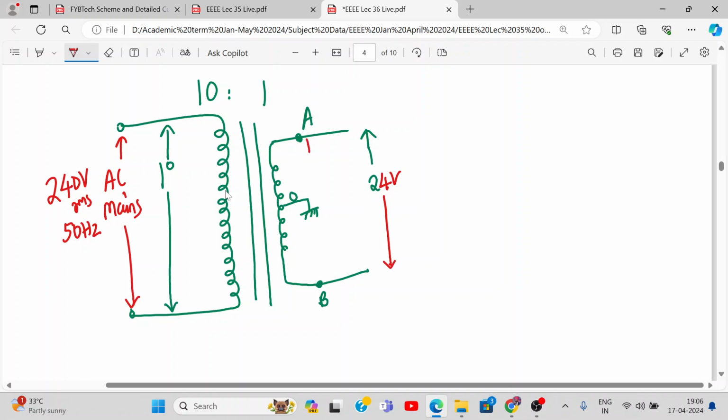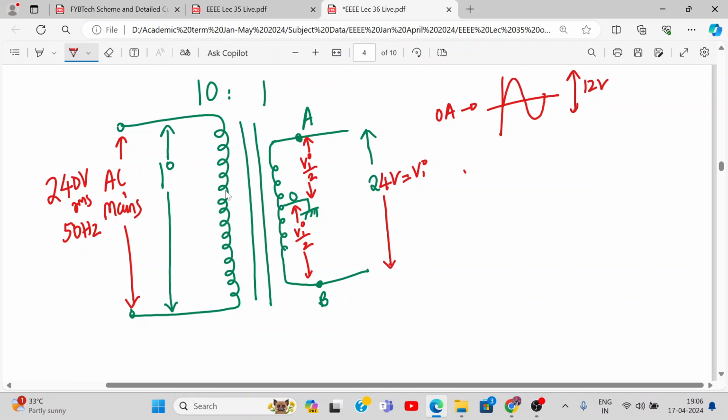So between O and A you have Vi by 2. You plot the waveform like this. This is 12 volt. Now between O and B there is another Vi by 2. So this is total Vi. It gets split into two parts, Vi by 2 and Vi by 2.